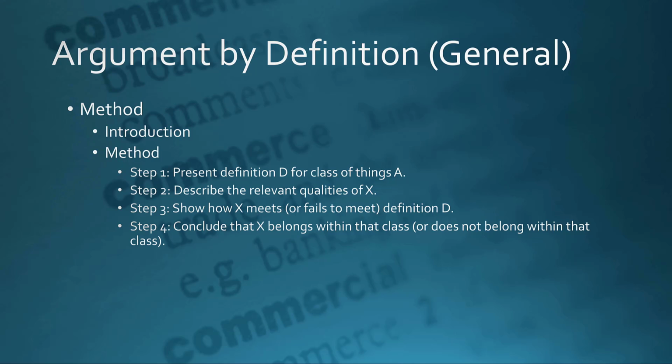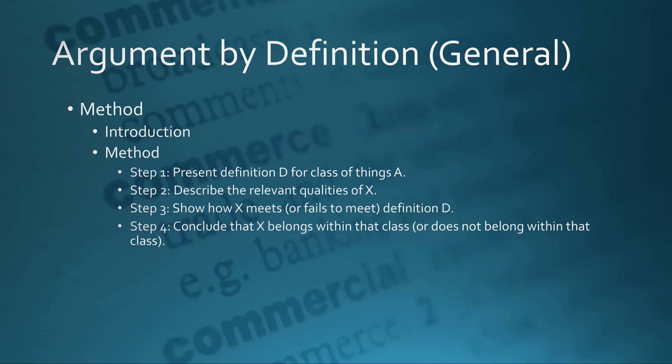Then the second step is to describe the relevant qualities of what you're going to claim meets or doesn't meet that definition. For example, if a person is trying to argue that a whale, or certain types of whales, should be considered people, they would try to show the qualities of a whale that would qualify it for being a person.